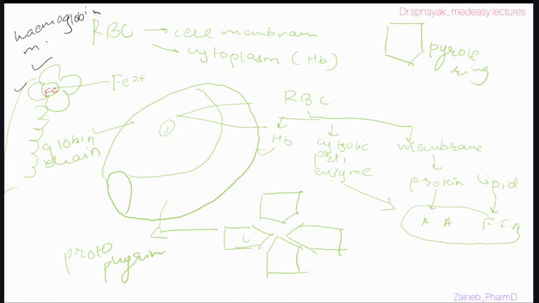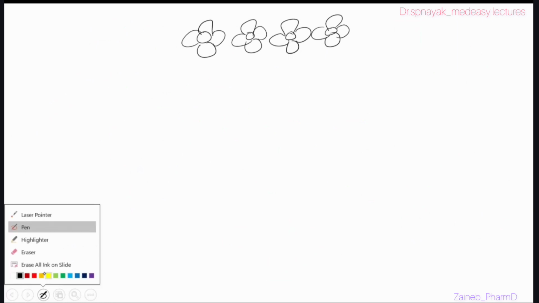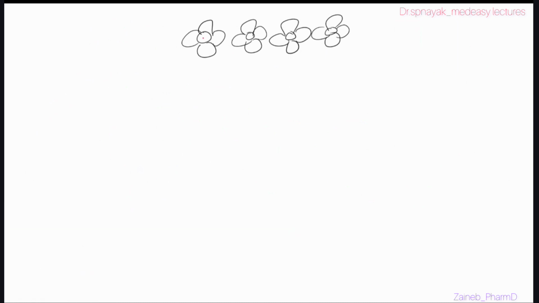But normally, the hemoglobin molecule is a tetramer. Tetramer means four. For example, this is the protoporphyrin. When it is loaded with the iron, it will become heme.